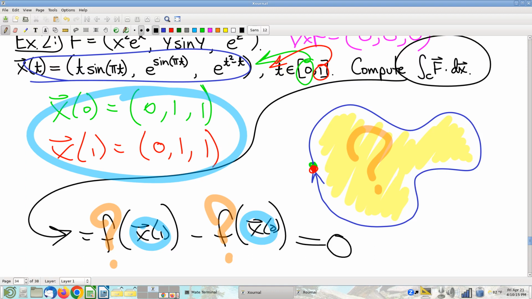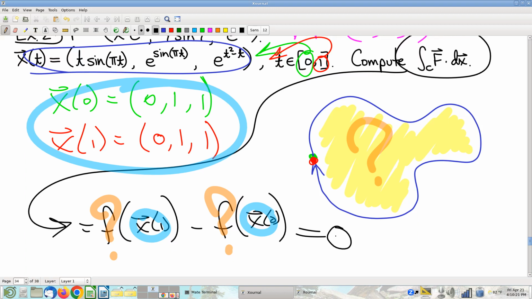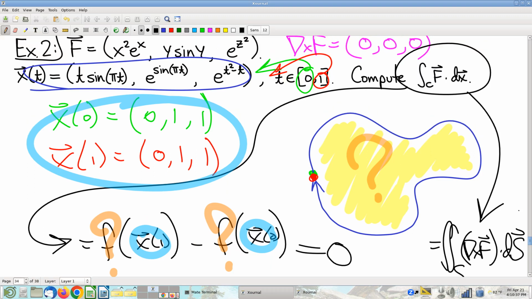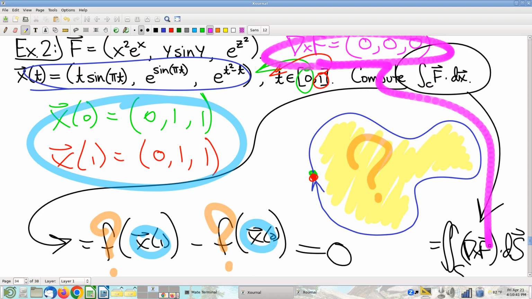Everybody all right? We can also say the same because curl is 0 too. That's exactly right. So let me fill in those blanks. Using Stokes's curl theorem, I would get flux over this mystery surface of the curl dot dS, which looks bad right up until you recall, just as you pointed out, that the curl is 0 anyway, so we don't need to know the surface.